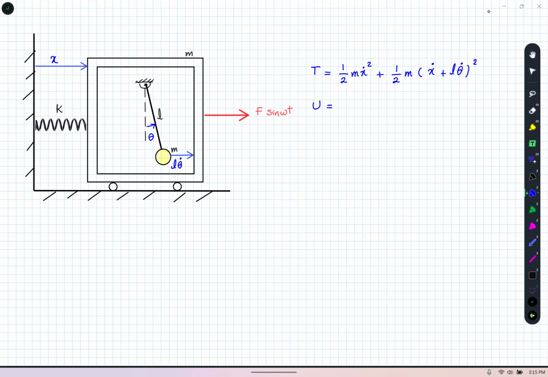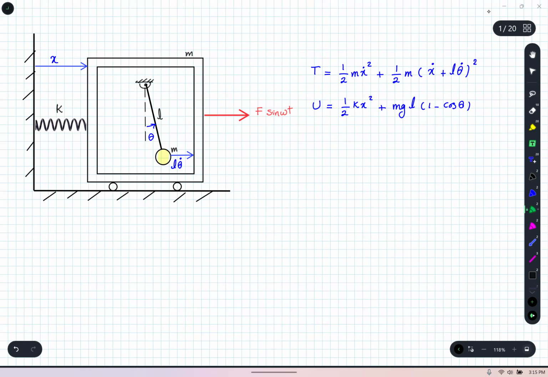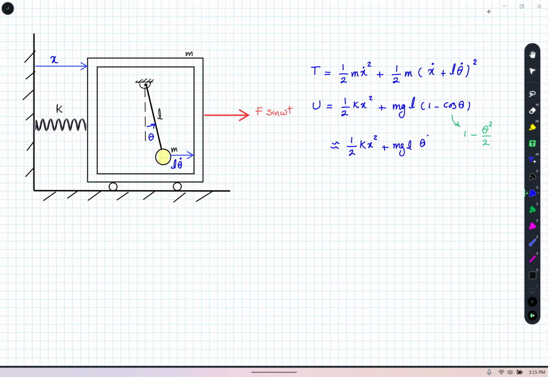The potential energy for this system is half of k x squared for the spring, and obviously I have the mass moving up, which is mgL times 1 minus cosine theta. Again, since we are in vibration, theta is small, I can replace that by 1 minus theta squared divided by 2. That's the Taylor expansion. Therefore, my U becomes half of k x squared plus mgL theta squared divided by 2.